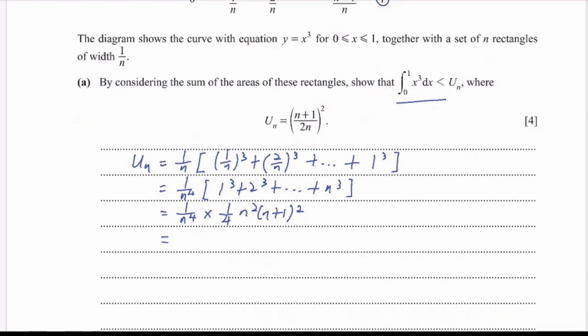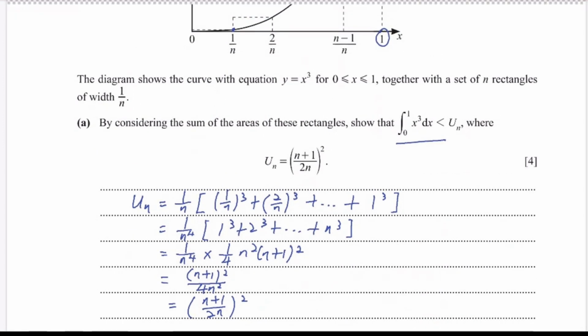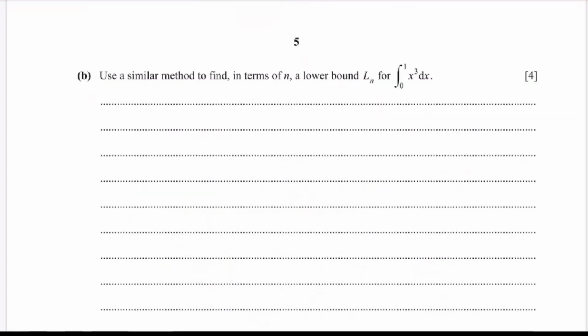So it's very nice, we're getting n plus 1, the whole thing squared, divided by 4n squared, which we can factorize the squared out. This is why we're getting our un here. Usually things like this are more to look at the summation that we have learned in FP1.